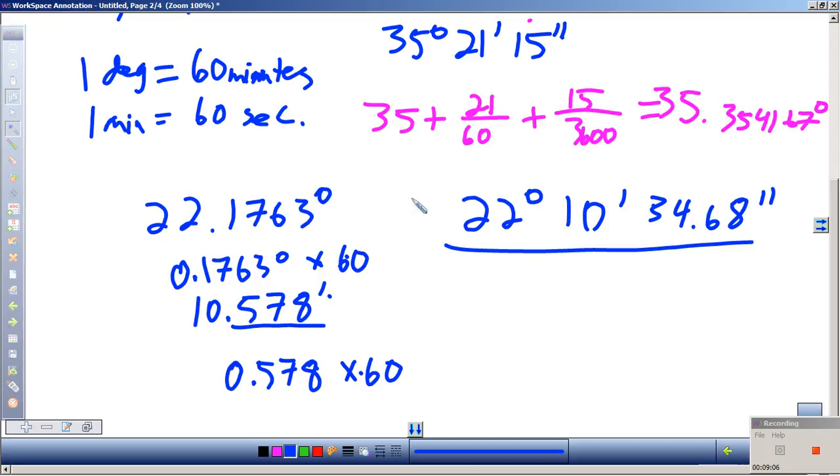You can have your calculator do this for you too. Let me see. I don't remember how. I'd have to play around a little bit, but I believe there is an angle menu, a degree button, and a DMS button that changes degrees, minutes, seconds.